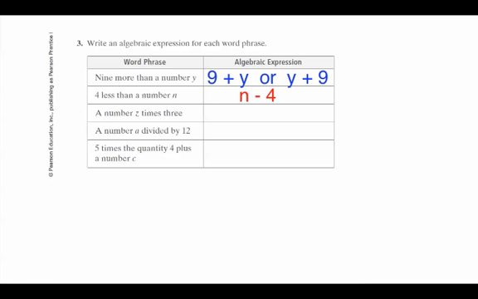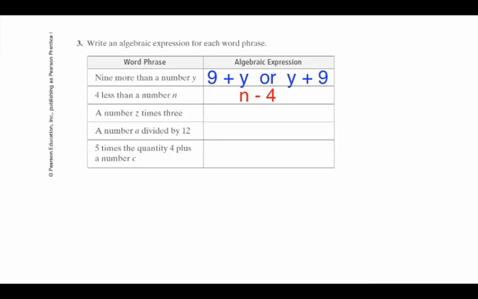To get that answer numerically or using subtraction, we would have taken 10 minus 4, not 4 minus 10. So when you see the phrase less than, you know you're going to subtract. We're actually going to put whatever's in front of the less than after whatever is after the less than. So 4 less than a number n is n minus 4.